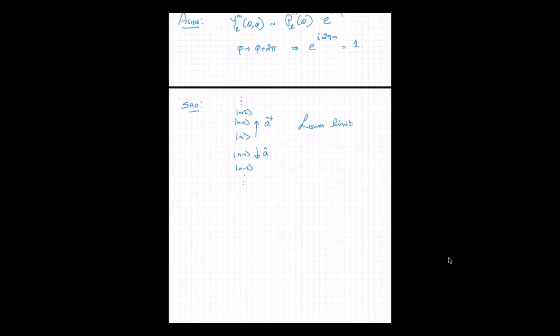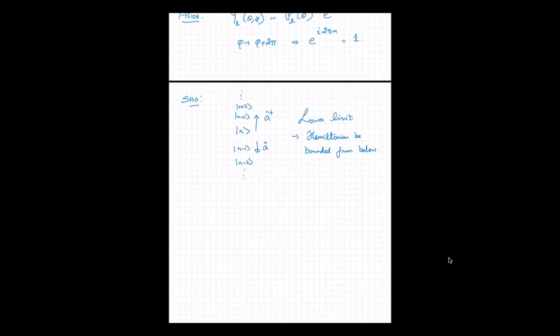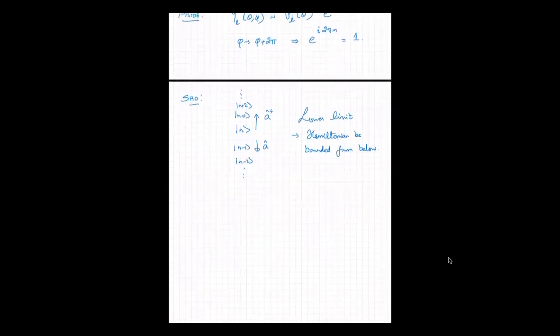This lower limit came by imposing that the Hamiltonian be bounded from below. Otherwise you would keep going infinitely low, creating states of highly negative energy, and the system would be highly unstable. By demanding that the Hamiltonian is bounded from below, we stopped the ladder at n equal to 0.